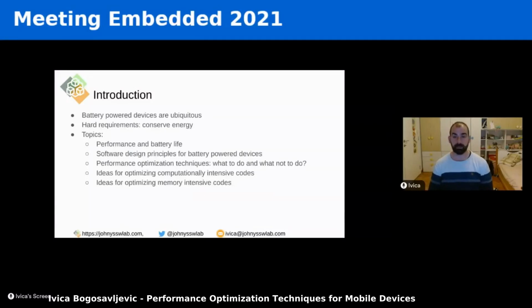Next topic will be performance optimization techniques, what to do and what not to do if you want fast software and if you want energy efficient software. Then we'll give some ideas for optimizing computational intensive codes and optimizing memory intensive codes. Now, don't worry if you don't understand what computational intensive codes and memory intensive codes are. We're going to talk about it very soon.